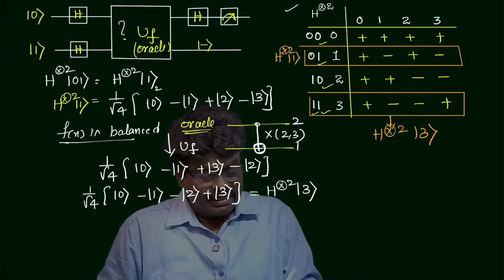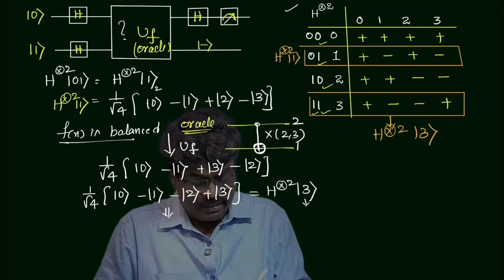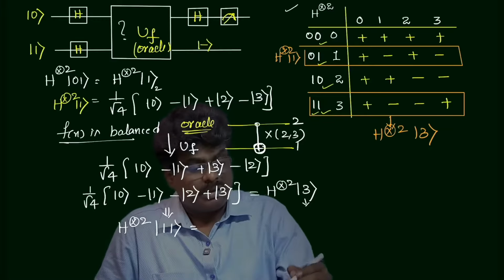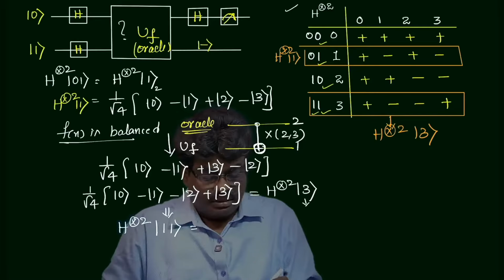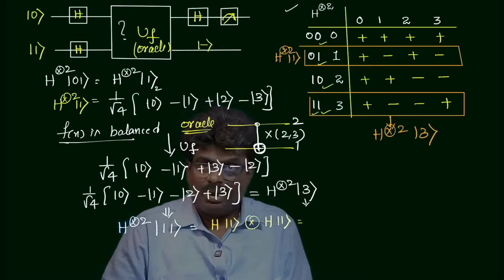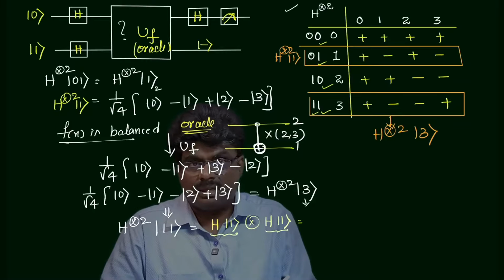Now I'm going to write this 3 in the binary notation, that is 1 1, we know that. So I'm taking this as H tensor 2 on 1 1. Now see, I can write this as H operates on 1, tensor H operates on 1. Now I'm not doing anything with this first one, just the second one. I'm writing it in the diagonal basis, that is minus.